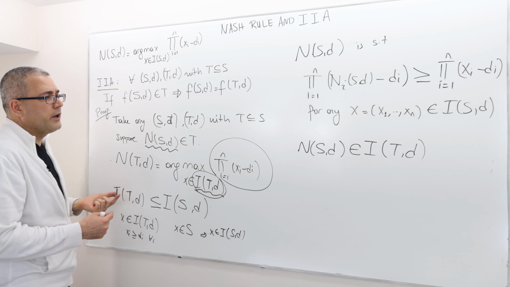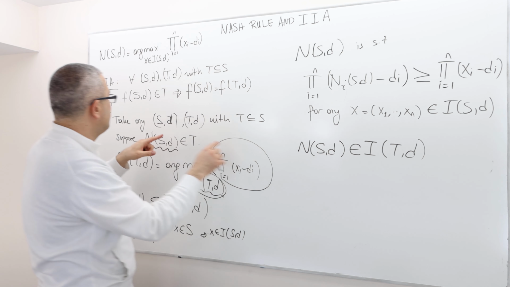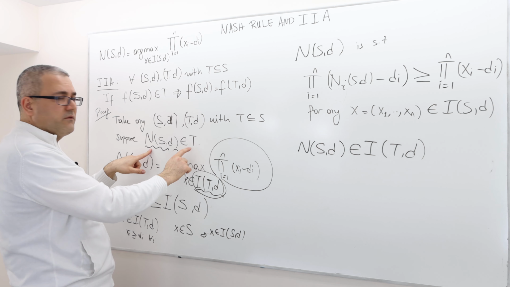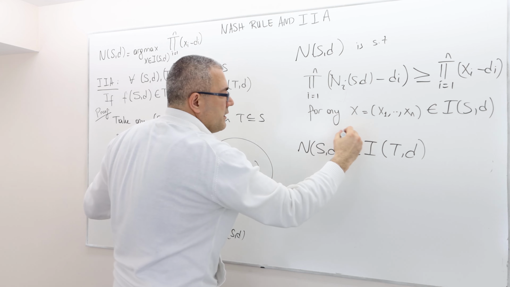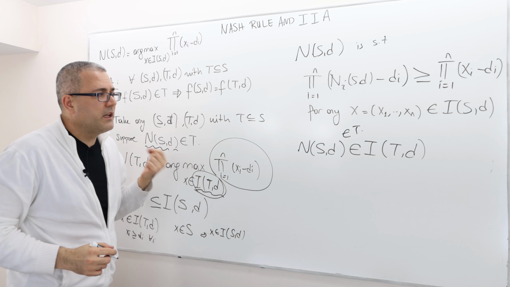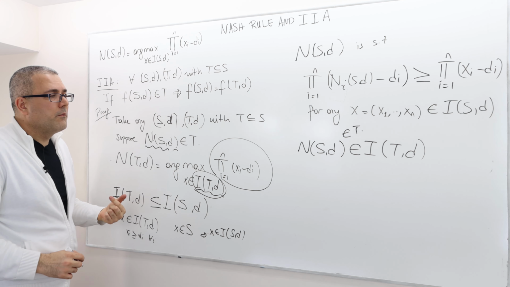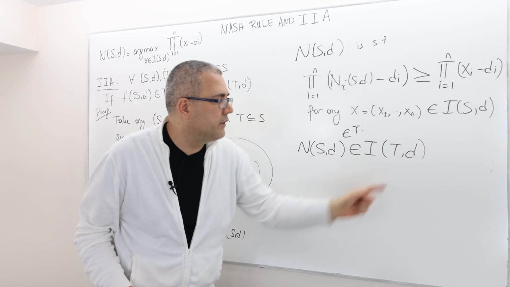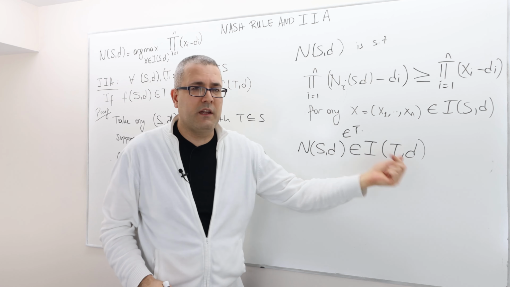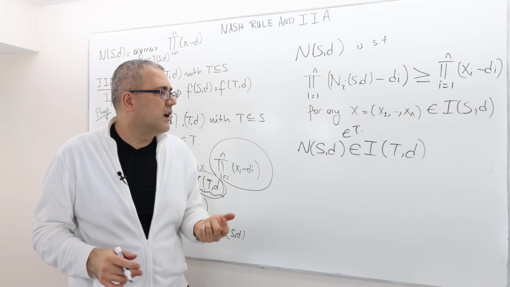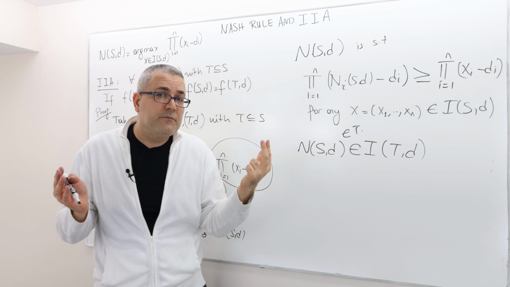How do I know that? Well, I know that this is in T. And I know that it is individually rational in the set (T, d).